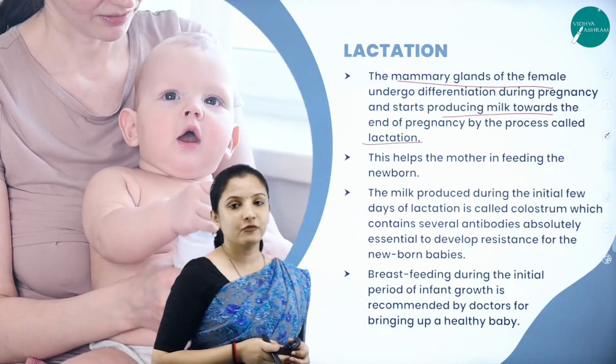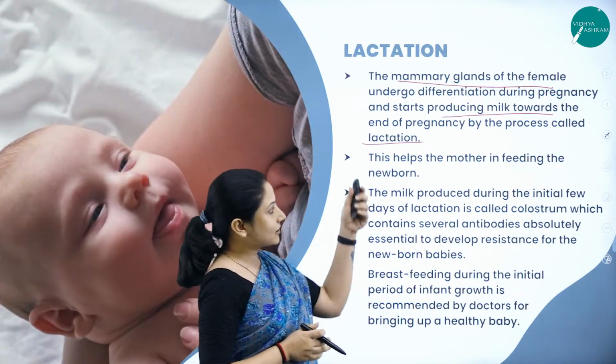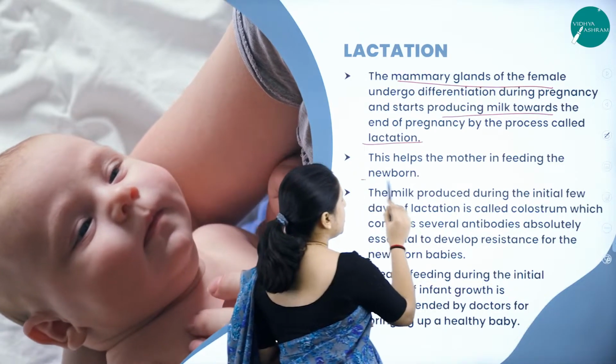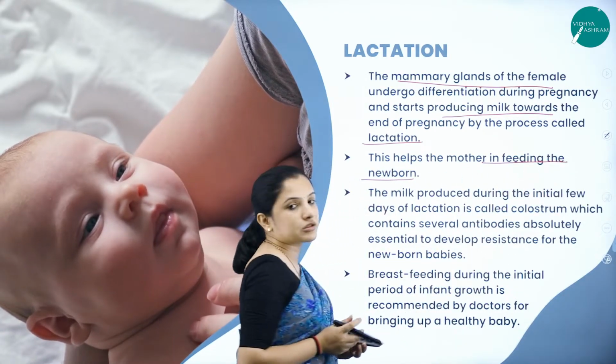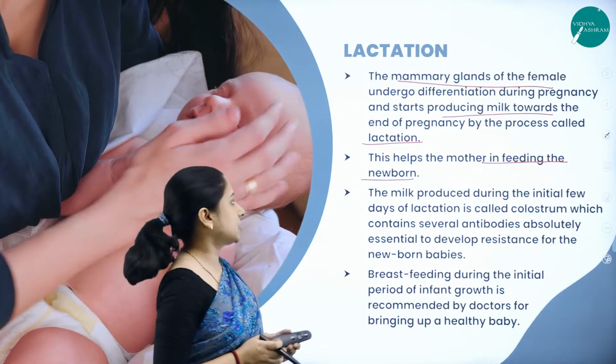So the secretion of milk by the end of pregnancy is called lactation, and this milk helps the mother in feeding the newborn, because the newborn will not be capable of feeding on other kinds of foodstuff. So that is why.